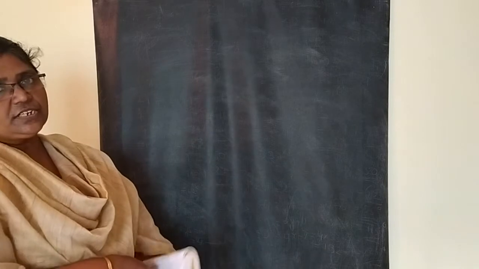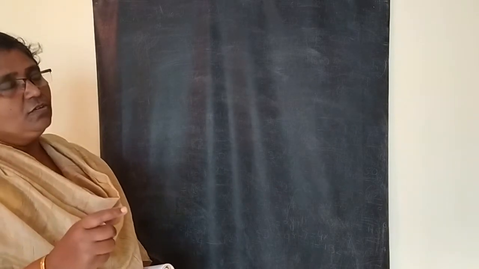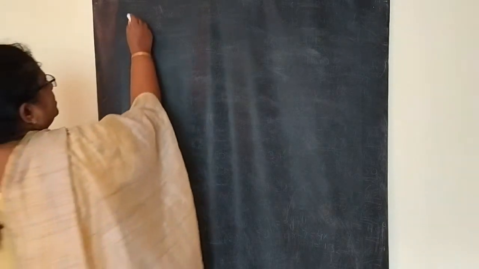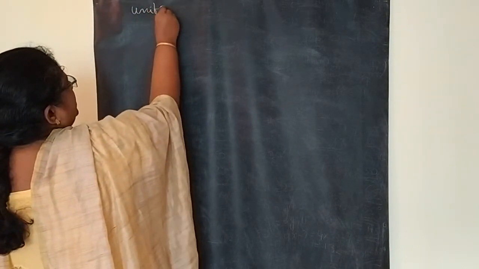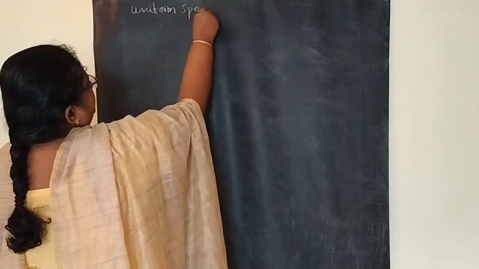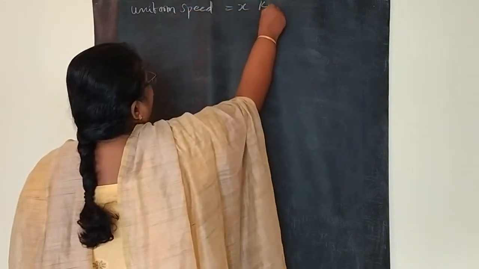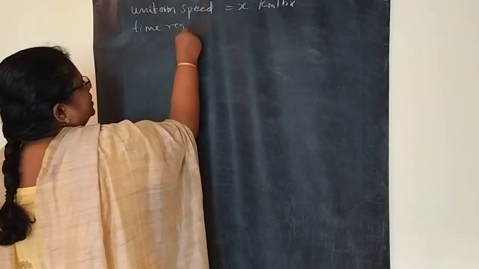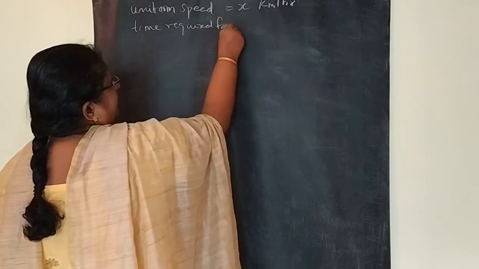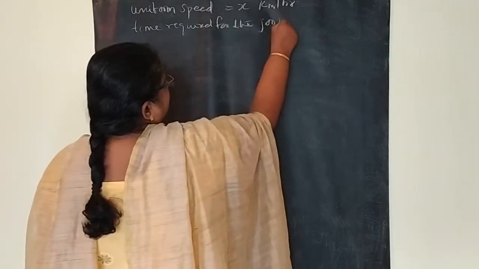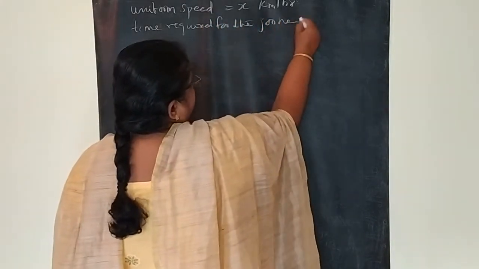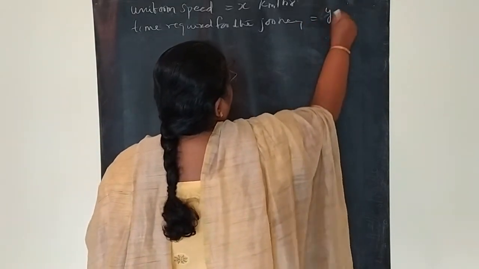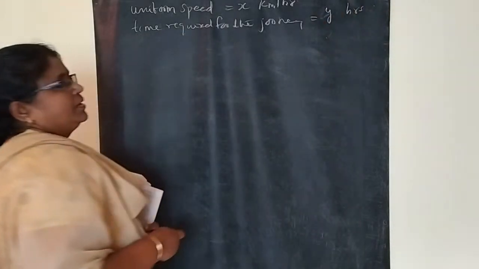So here we have to consider two variables x and y. What are the two variables? So let us take the uniform speed as x km per hour and the time required for the journey be t hours, or take it as y hours.